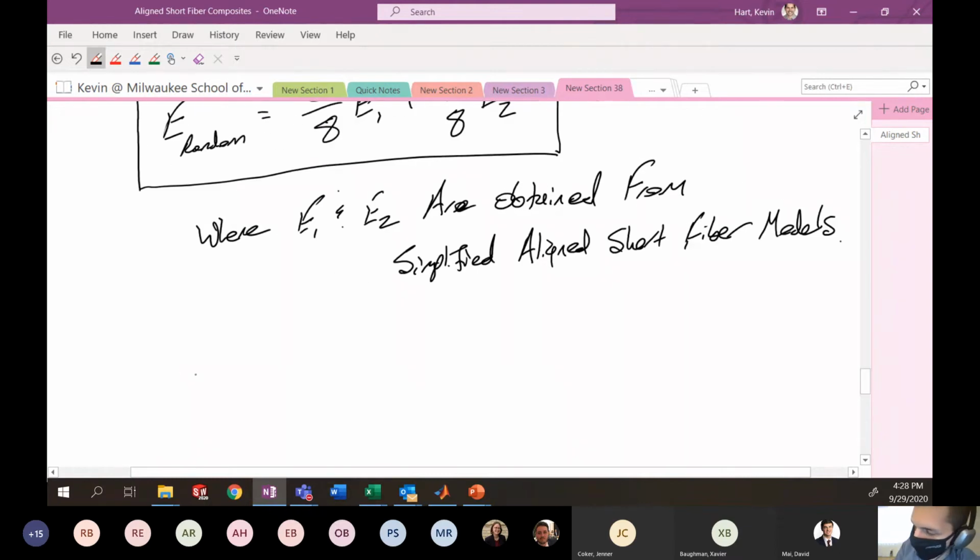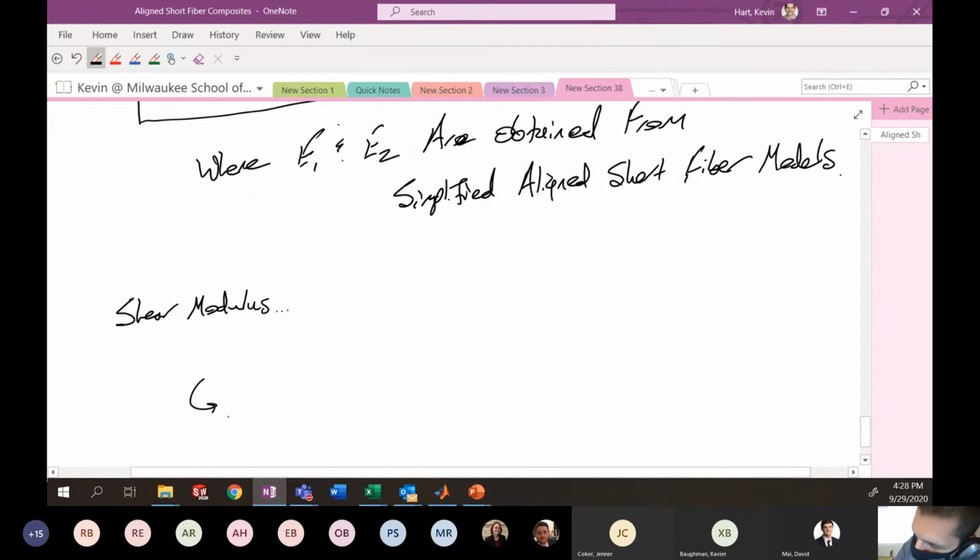All right. The shear modulus. Also more or less gotten from experiment.